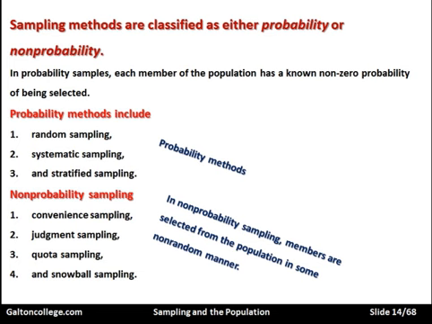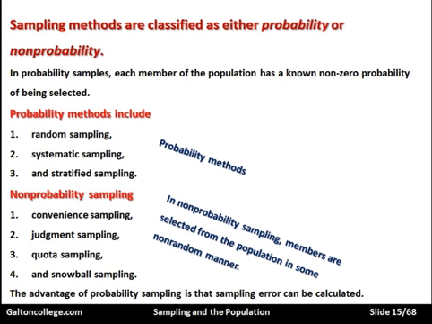Non-probability means that they are not being selected using a probability system. They're not being randomly selected, and hence they're biased. Now, with probability sampling, the sampling error can be calculated. I said earlier that the characteristics of the sample should match the characteristics of the population.